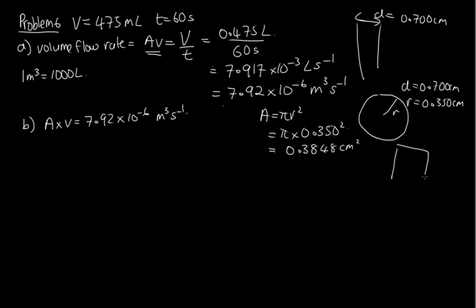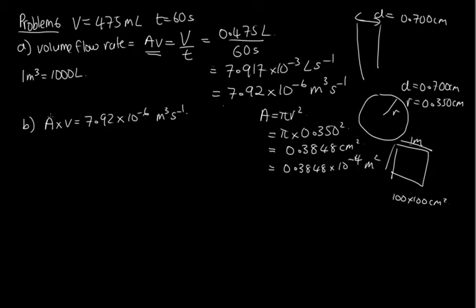In 1 meter squared, we've got 100 centimeters along here and 100 centimeters along there. So there's 100 times 100 centimeters squared. So we need to divide this by 100 times 100, which is 0.3848 times 10 to the minus 4 meters squared.